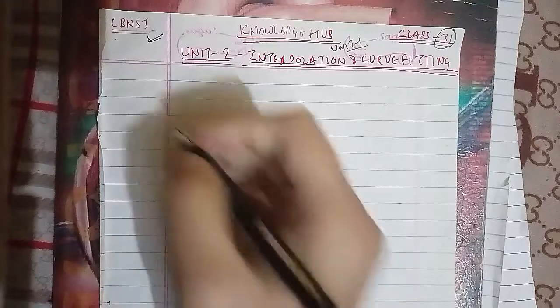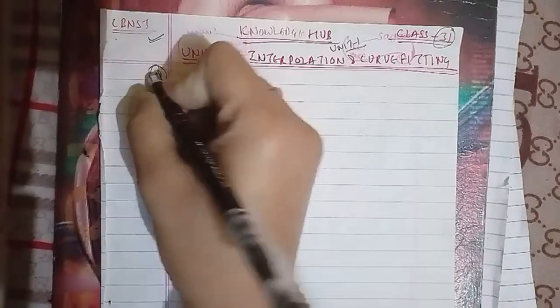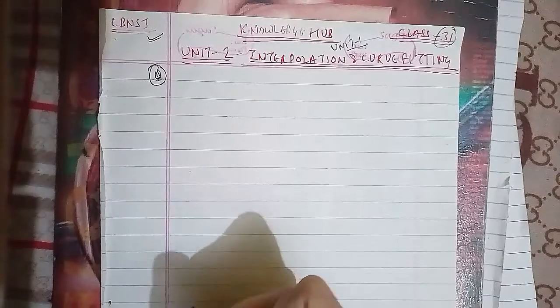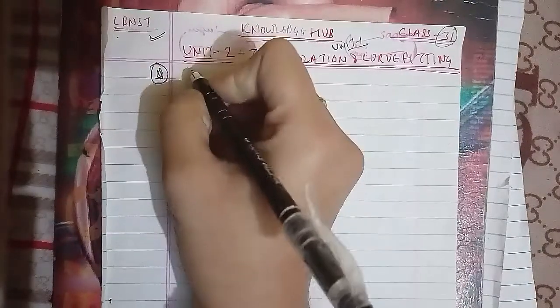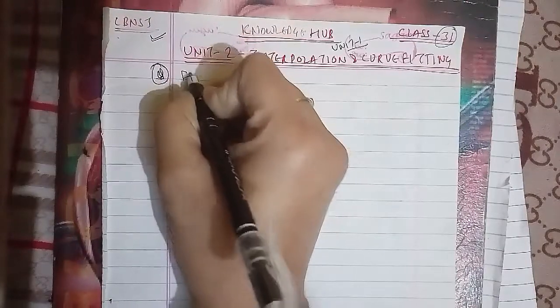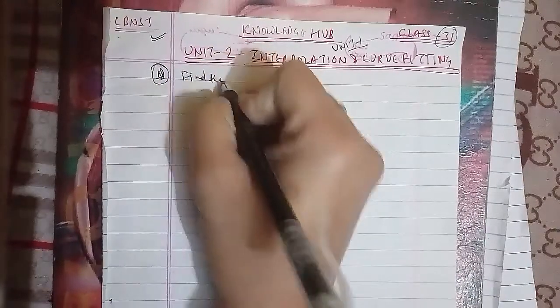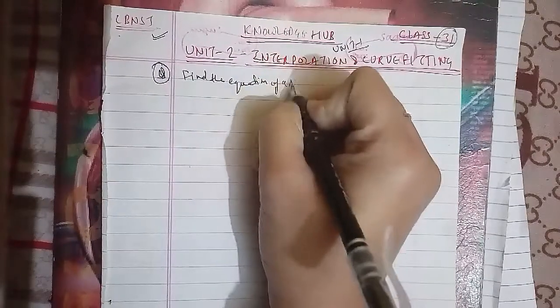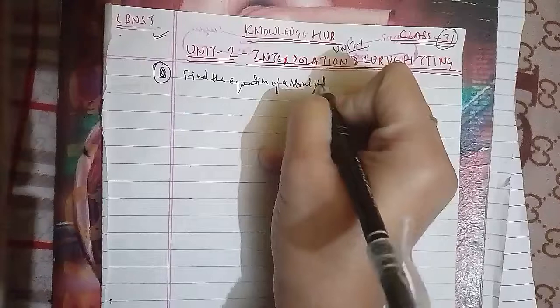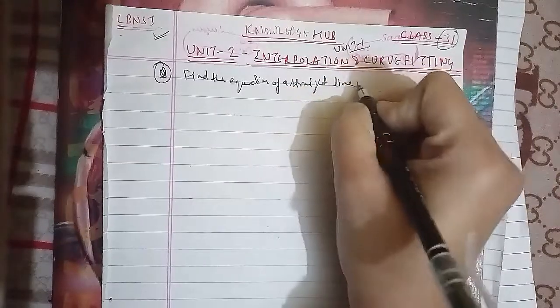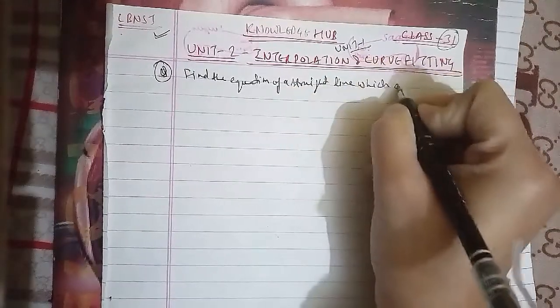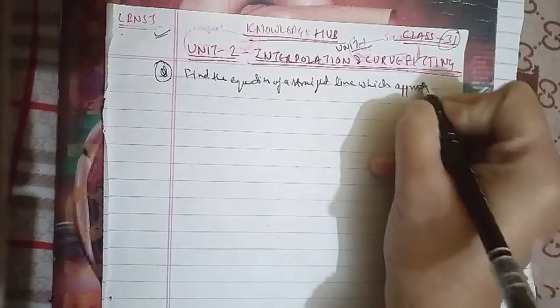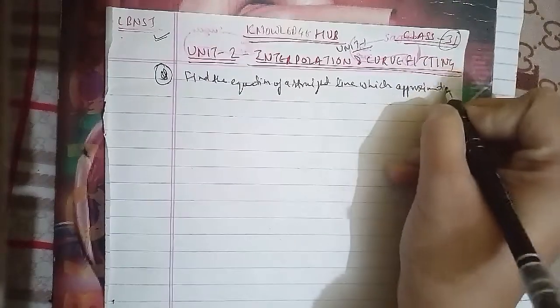So first of all, we'll start with the question here. The question is: find the equation of the straight line which approximates the following data.